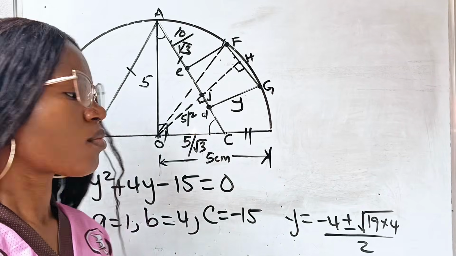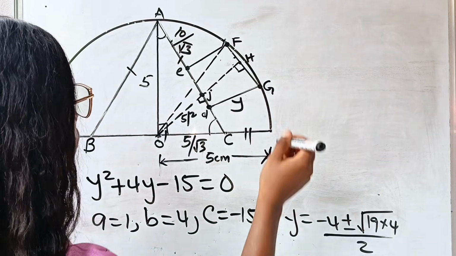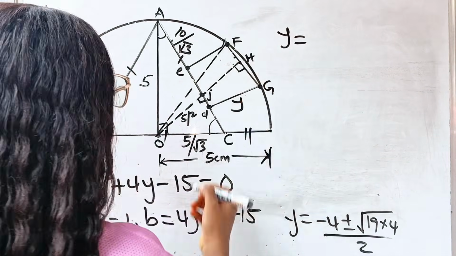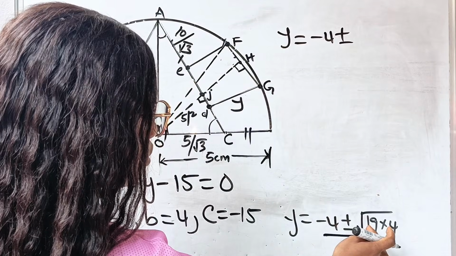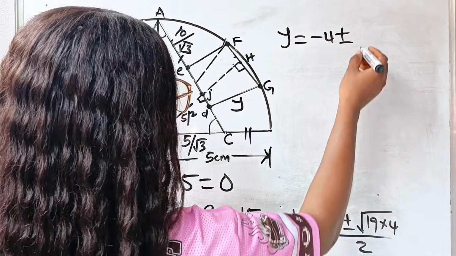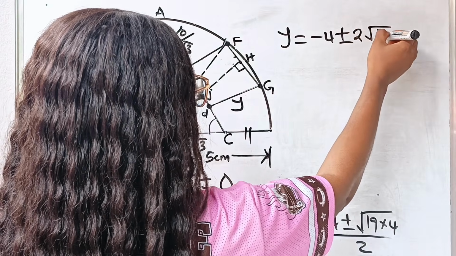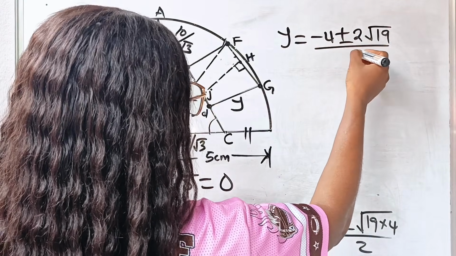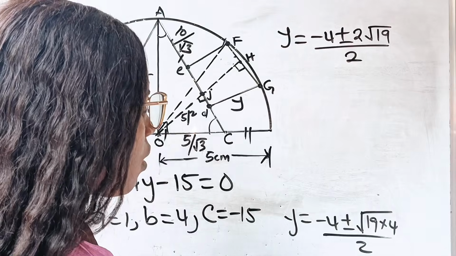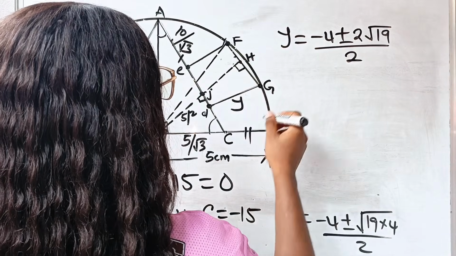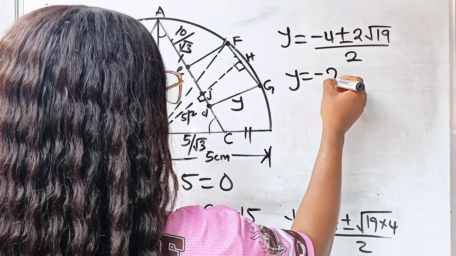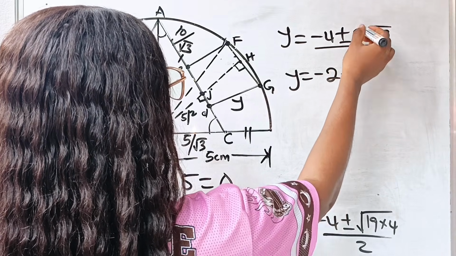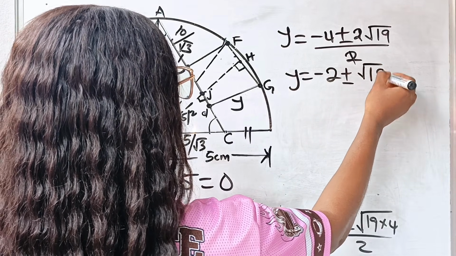Okay, so now we have y will be equal to minus 4 plus or minus root 19 times 4, that means 2 root 19, divided by 2. Okay, so y will be negative 4 divided by 2, which gives negative 2, plus or minus root 19.